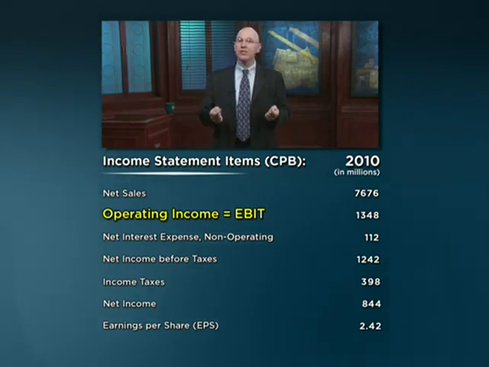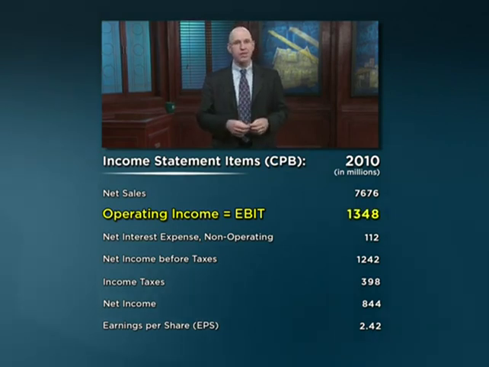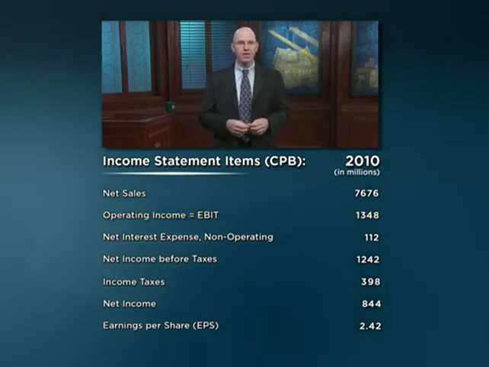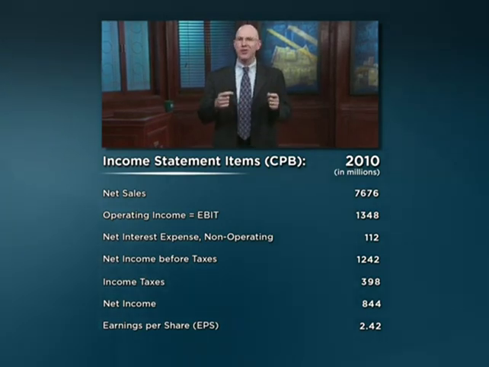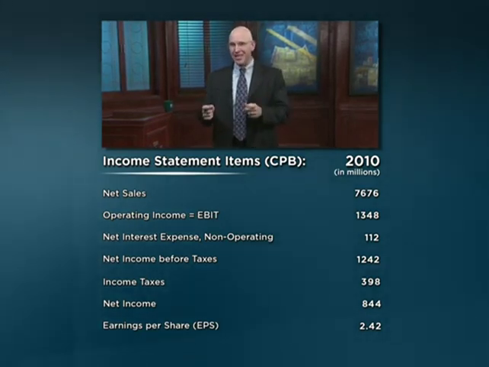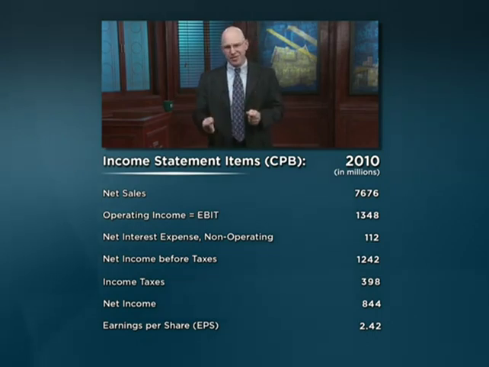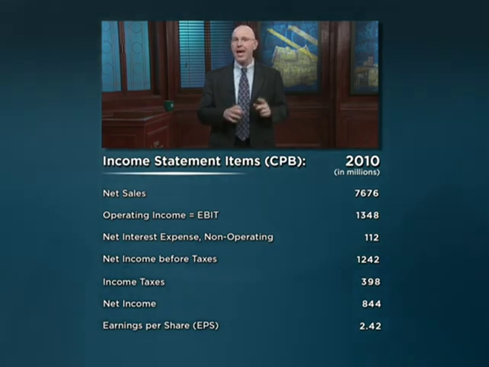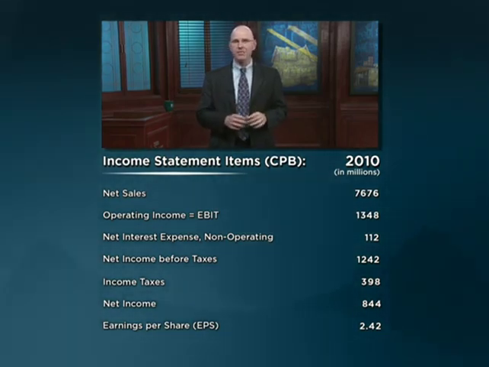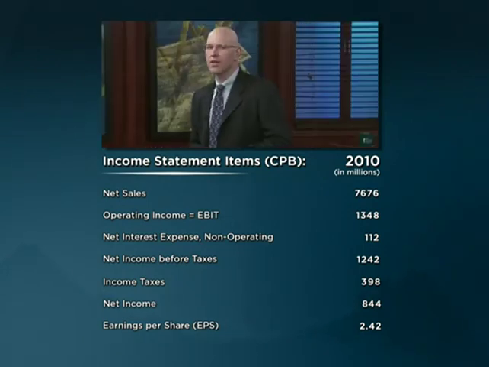For Campbell's, this turned out to be about $1.3 billion. You may have also heard of EBIT's cousin, EBITDA, which stands for earnings before interest, taxes, depreciation, and amortization. You'll notice that you don't see depreciation and amortization listed on the income statement, and you'll have to find that somewhere else. I'll tell you where in a little bit.